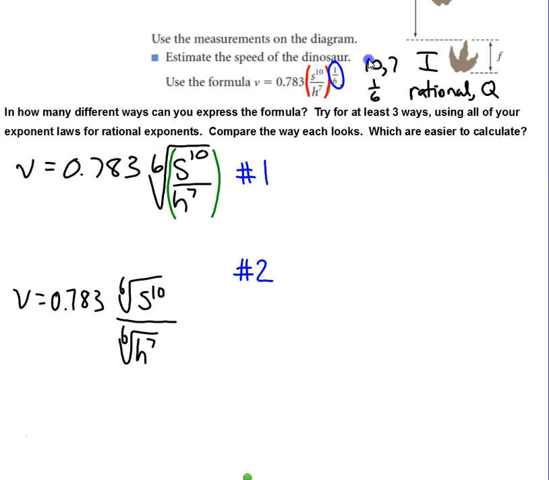So this is really version 2, where we're separating this out now into 2 different 6th roots. That probably is not preferable over version 1.